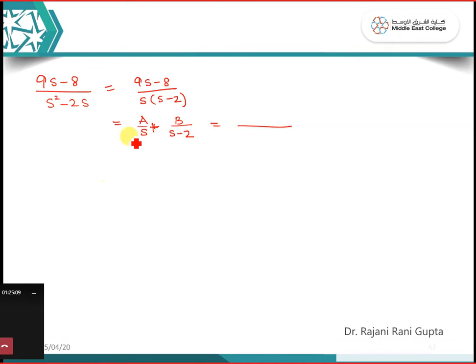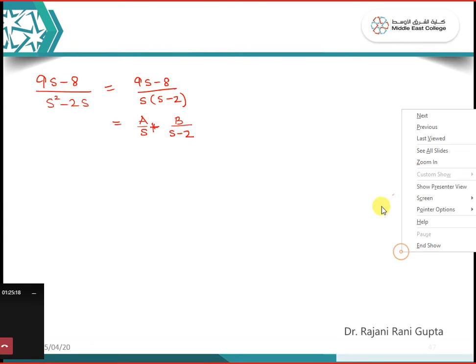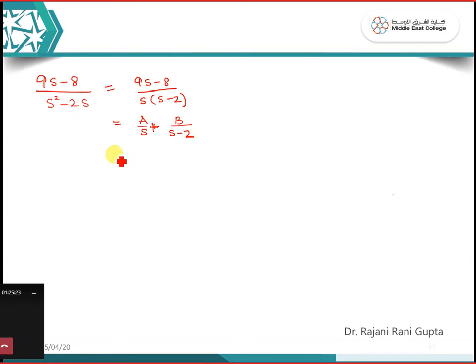Okay, let me just write it here. So what will it give you? Denominator s times s minus 2. Actually we are working with this. So 9s minus 8 over s times s minus 2. Just to check, the term should always be the same as you have in the question.